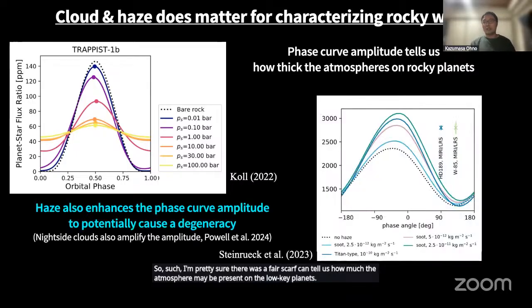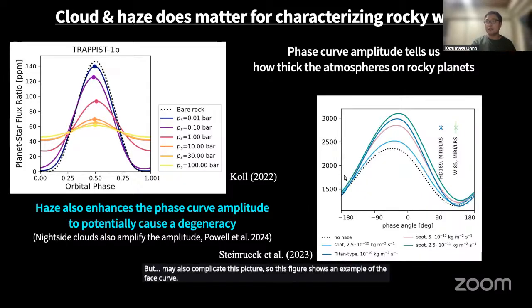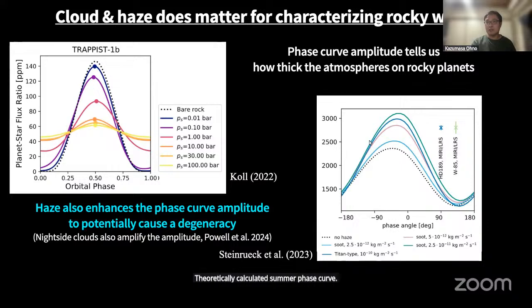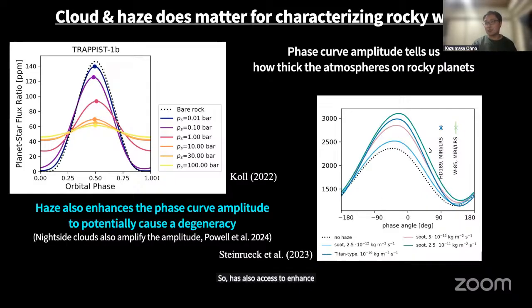But atmospheric clouds and hazes may also complicate this picture. This figure shows an example of a theoretically calculated thermal phase curve, but including photochemical hazes in the simulations. Steinrueck et al. 2023 showed that if the atmosphere is veiled by thick haze, the haze also acts to enhance the amplitude of the phase curve by efficiently absorbing the stellar light at the day side.